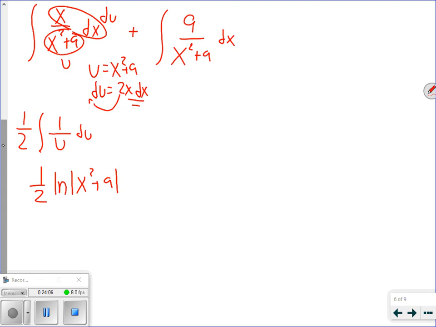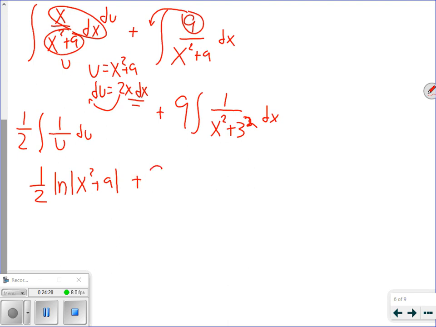And if you notice this one right here, okay, well, I can go ahead and bring the 9 out as a constant. So I'm left with 9, the integral of 1 over x squared plus 9, or another way of saying that is x squared plus 3 squared. And we have a little nice rule for that. That's 1 over x squared plus a squared.